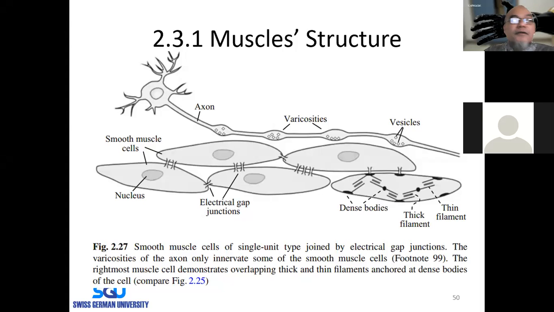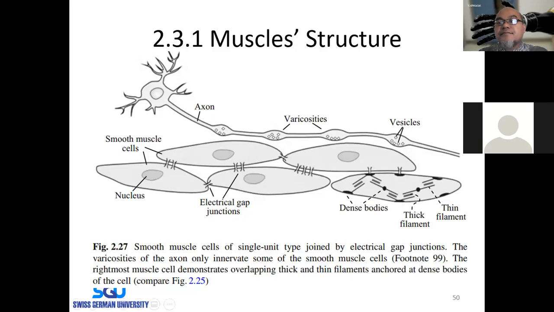All of this muscle cell group is connected to a motoric neuron, which has varicosities that can transfer transmitter through the vesicles to the neighboring muscular cells, to excite the muscle's motion.